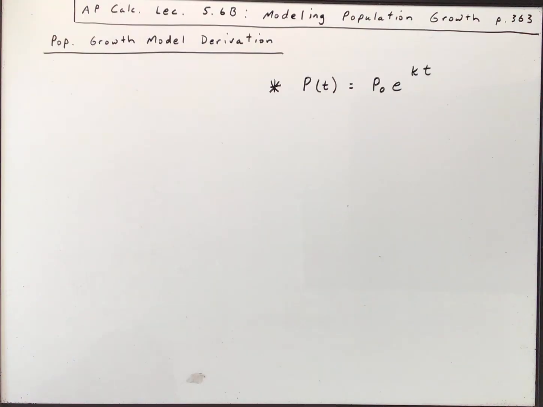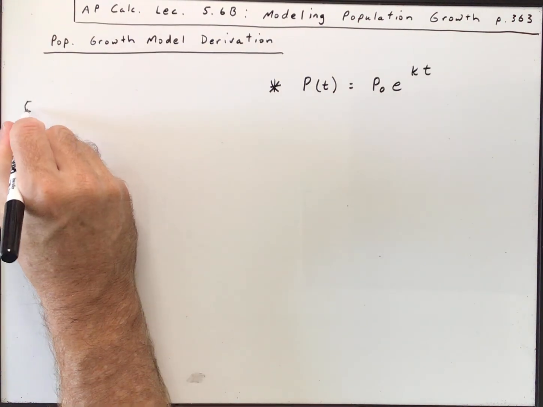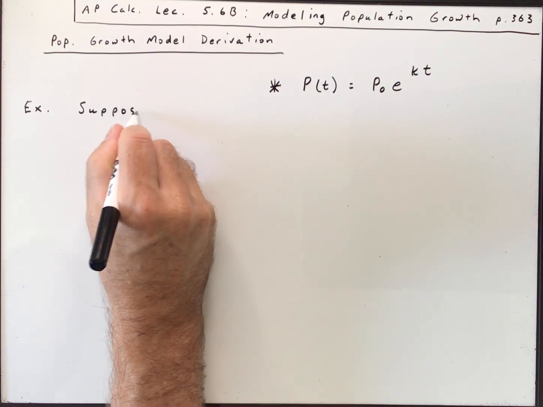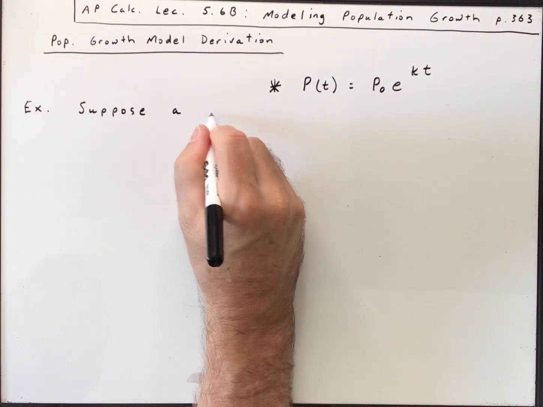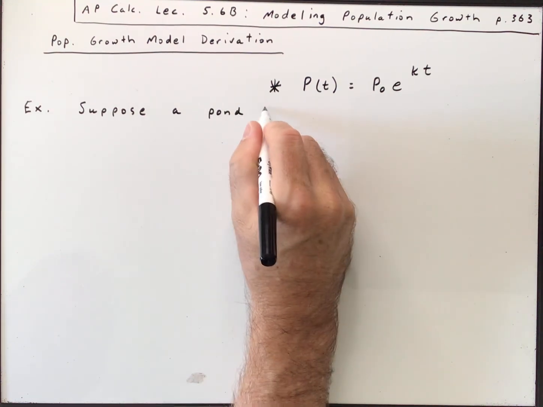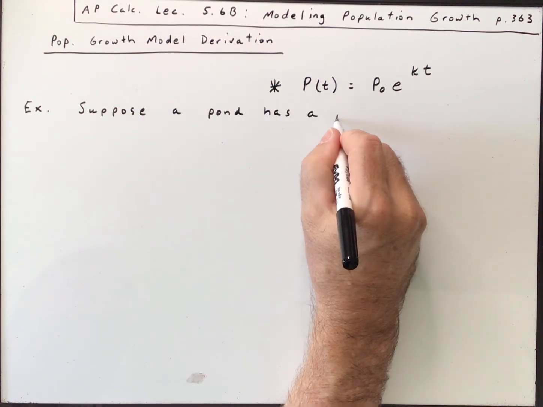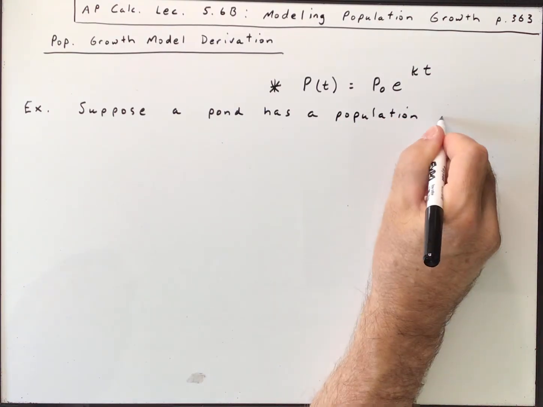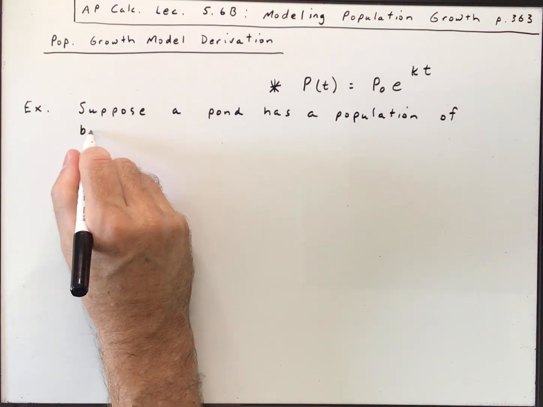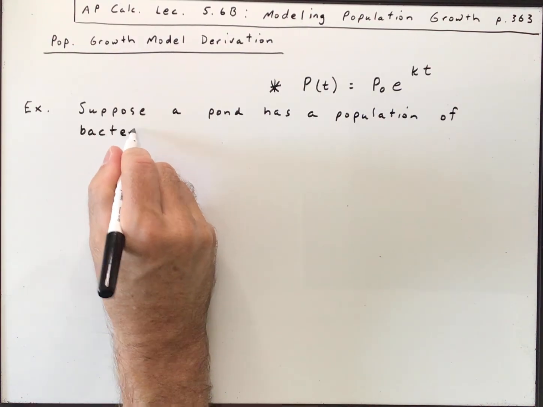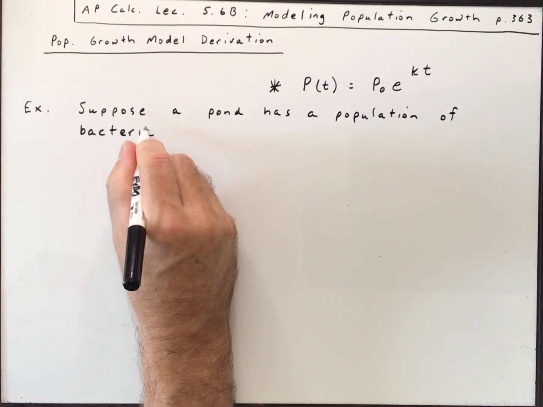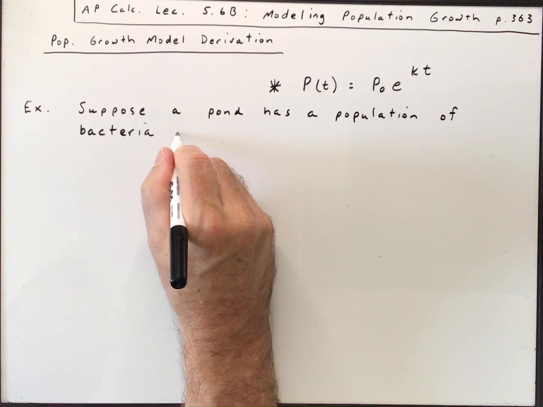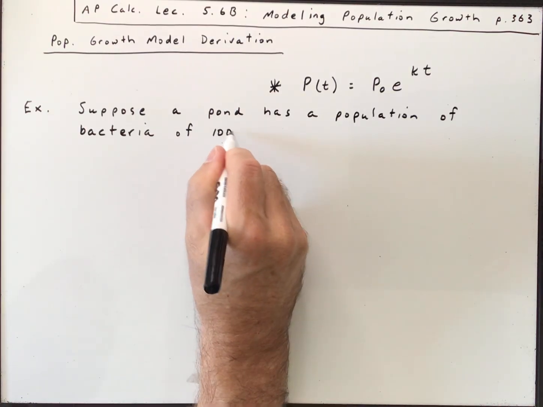Okay, so our first example is, suppose a pond has a population of 1,000 of this type of bacteria.